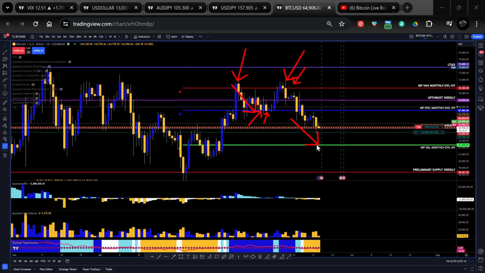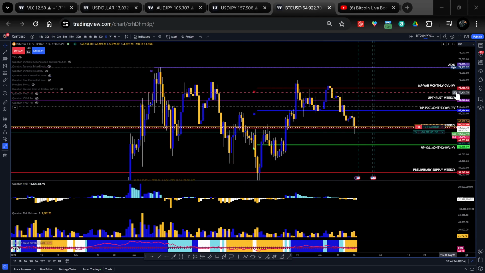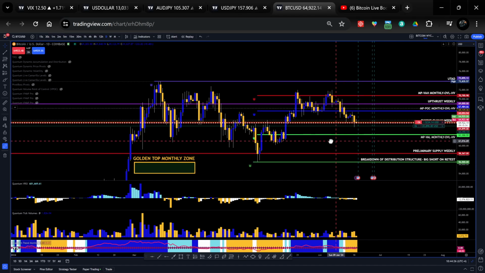So next target should be a fulfillment, or a traverse of the whole value area back down to the value area low for the monthly, right? So looking at 62388.59 as a possible target for that dip right there. So that's from a market profile perspective on the monthly market profile.